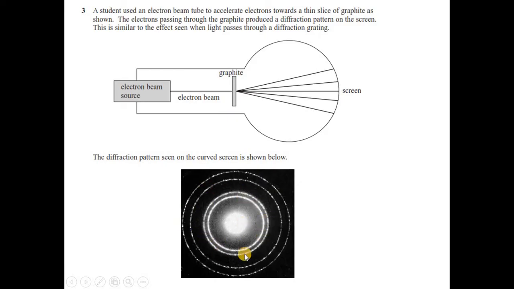This is a typical electron diffraction pattern that comes in the exam. The diffraction pattern seen on the curved screen is shown below. You can imagine this is the bulb, so this is the curved surface. You see this diffraction pattern.